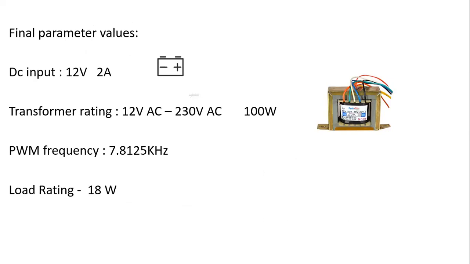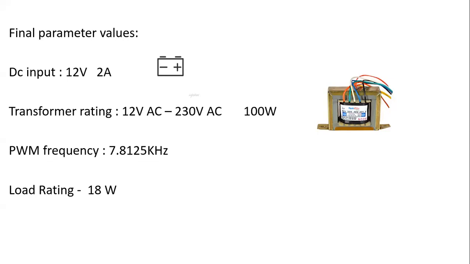Now we have calculated and selected the PWM frequency to be 7.8125 kilohertz, and since there are some power losses incurred from the DC input, the total 24 watt is not transferred to the load. Therefore, we have selected the load rating to be 18 watt. This concludes the process of our project.